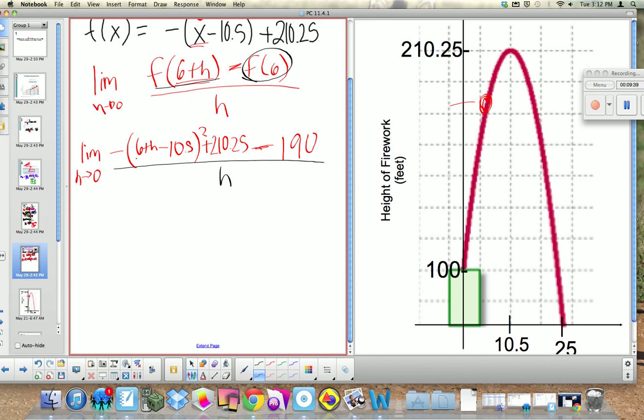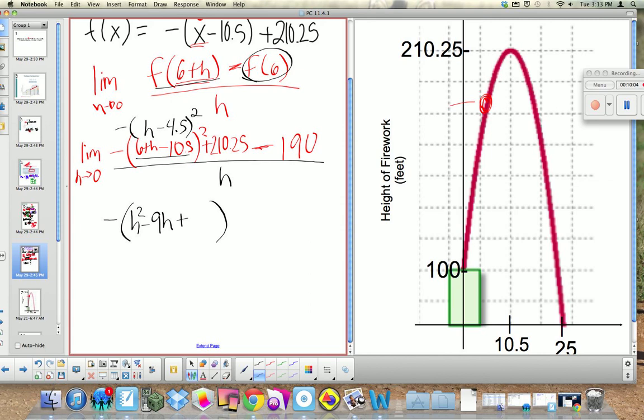Let's simplify the inside first. 6 minus 10.5 is negative 4.5. So let's write this as h minus 4.5. We need to square this and tack a negative on everything. So let's start with squaring it. We'll leave it in parentheses and we'll square it. Again, I'm not going to bore you with this generic rectangle, but you'll get h squared minus 9h, and then you'll have 4.5 squared, which is 20.25.